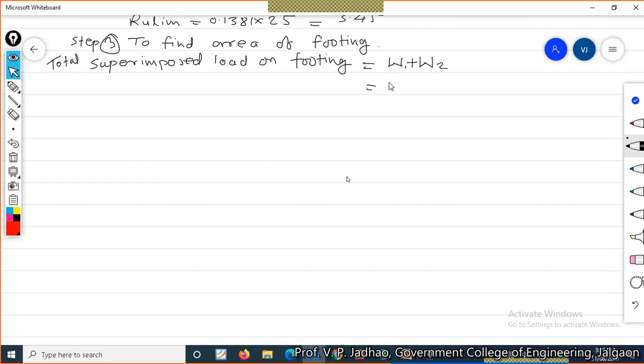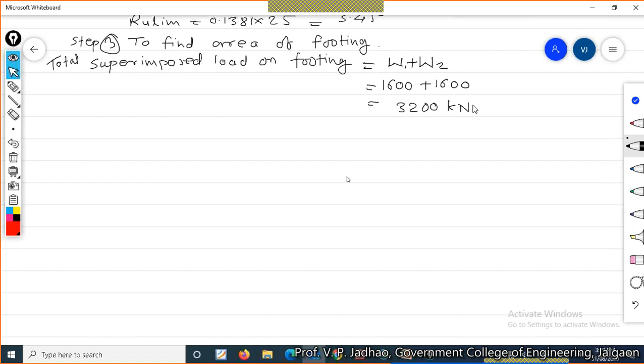We have W1 is equal to 1600 kilonewton, plus W2, which is again 1600 kilonewton. So the total superimposed load on this particular footing is 3200 kilonewton.